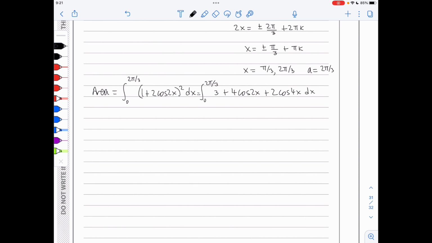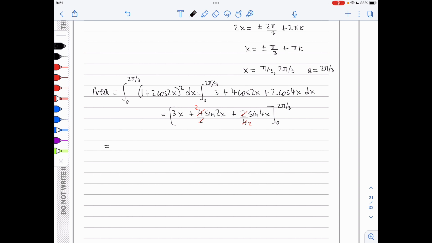And this is actually giving me 3x plus 4 sine 2x over 2 plus 2 sine 4x over 4, with the limits being 0 and 2 pi over 3. Now the 4 with the 2 leaves me at 2, the 2 with the 4 leaves me at 2 in the bottom. So I will now substitute the upper limit.